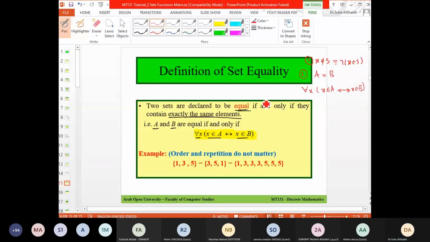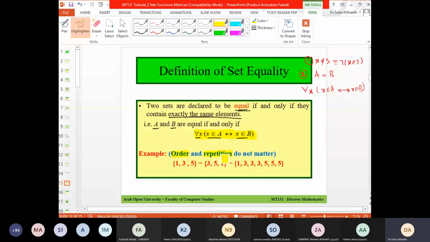Got it? This is what we took now. Does not belong is the negation of x in S, and A equal to B if for all x's, x in A implies x in B, and x in B implies x in A. The order, as we said, is not important.